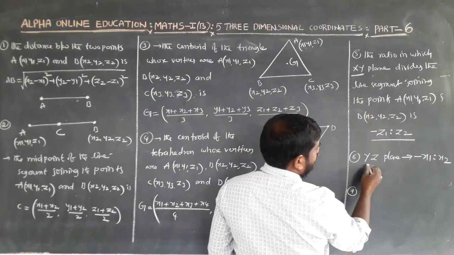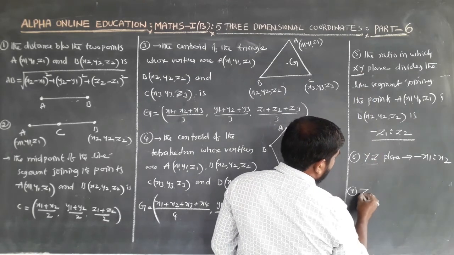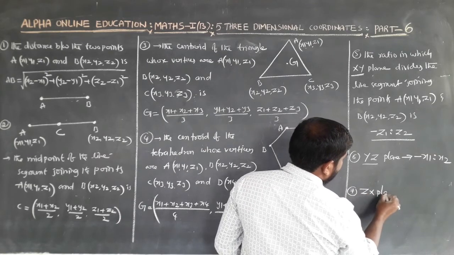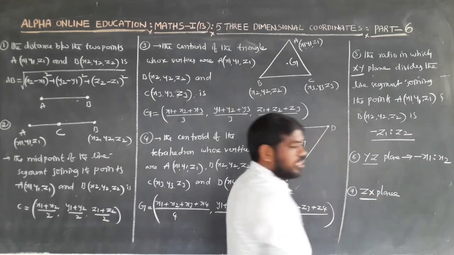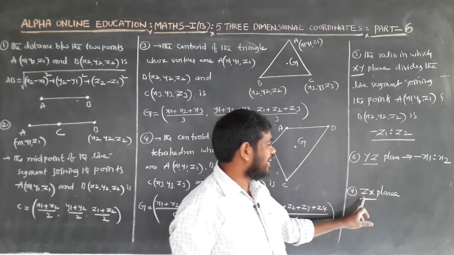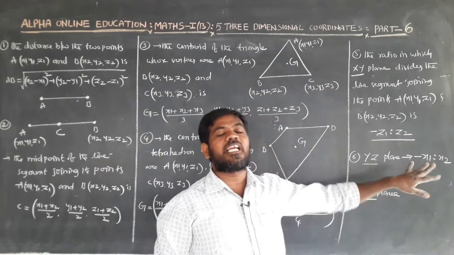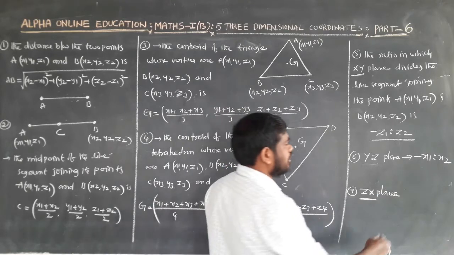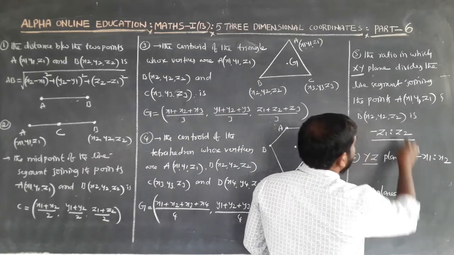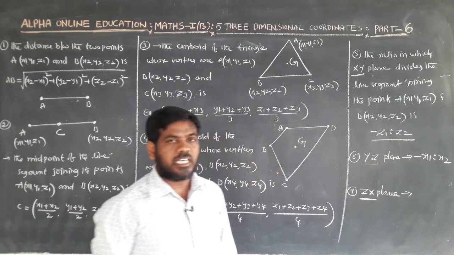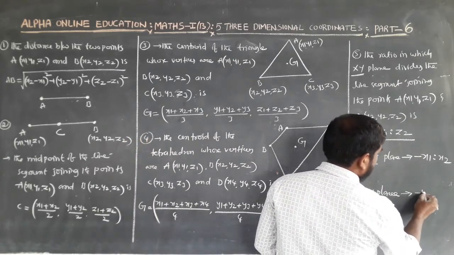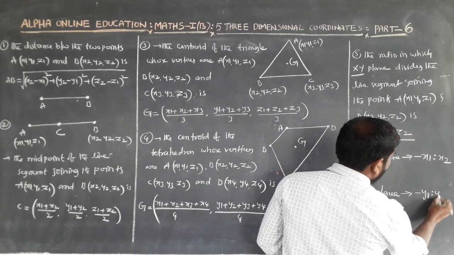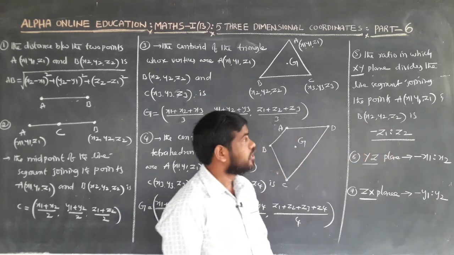XY plane, YZ plane, and the last one is the ZX plane. The ratio in which the XZ or ZX plane divides the line segment joining the points A(x1, y1, z1) and B(x2, y2, z2) is minus y1 is to y2.